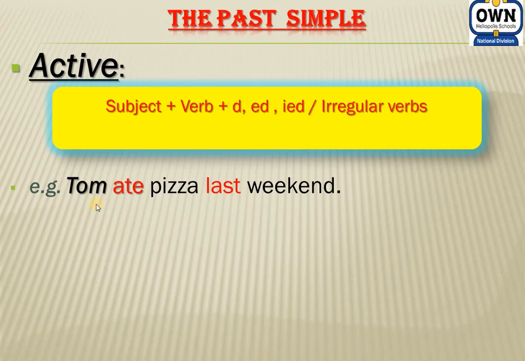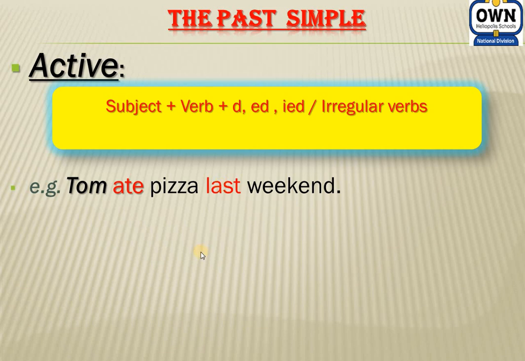This is a sentence in the past simple tense: Tom ate pizza last weekend. The verb here is ate, the past form, the second form of eat. Pizza is the object. Last weekend: last here is a keyword for the past simple.